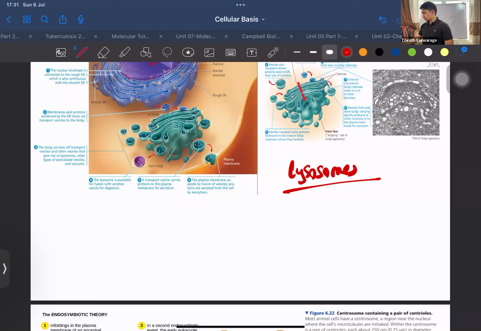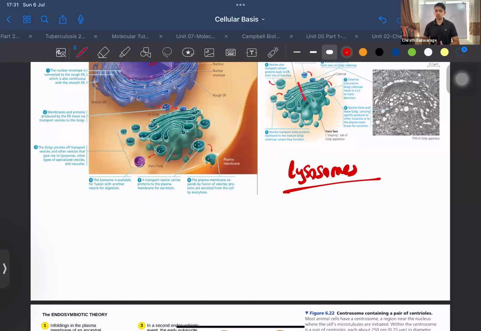Then we move on to lysosomes. They are so important, lysosomes, right? What is the definition? They are single membrane bounded vesicles contributing to digestive activity. Inside the cell, there are so many things to digest.